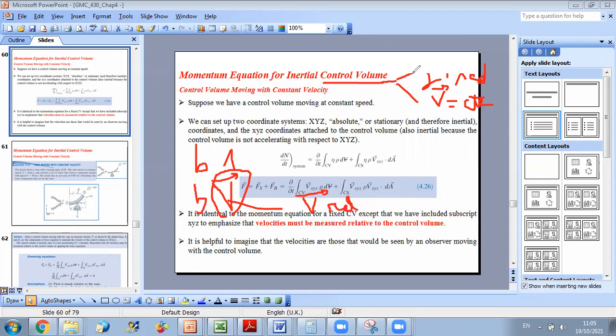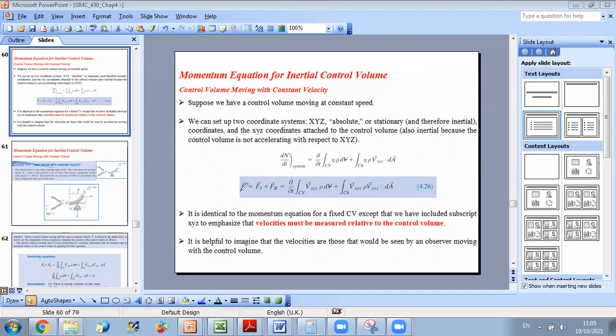Okay. ساعتها فينا نكتب linear momentum equation for a control volume moving with constant velocity. بيصير عنا إنه sum of forces acting on the moving control volume يلي هن include surface forces و body forces equal to del over del t integral over the control volume. وهون هيدا subscript small x small y small z refers to relative velocity. يعني all velocities are measured with respect to the moving control volume.